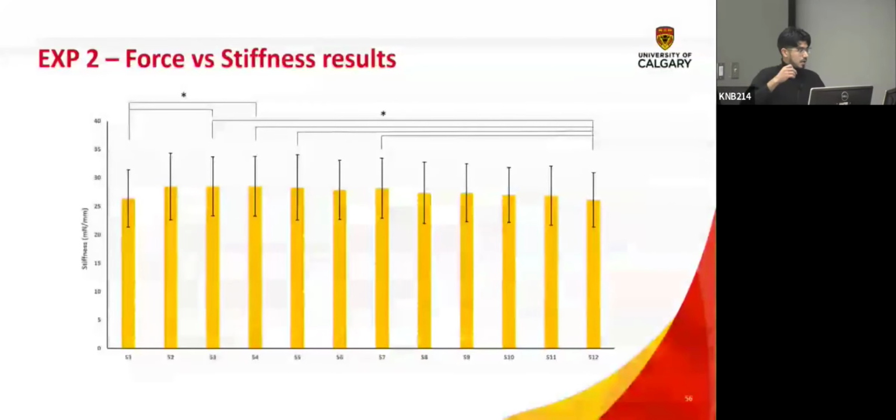The more interesting part, or the part that we're confused about, is why there's such a gradual and noticeable decrease in force that doesn't seem to be directly correlated with the decrease in stiffness, which means that's probably coming from somewhere else. And that's the question we're trying to answer moving forward.